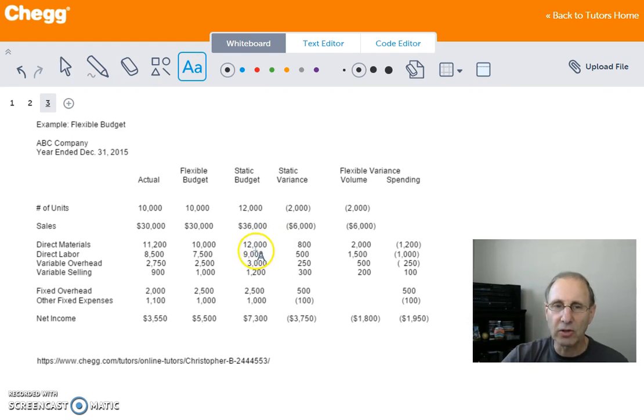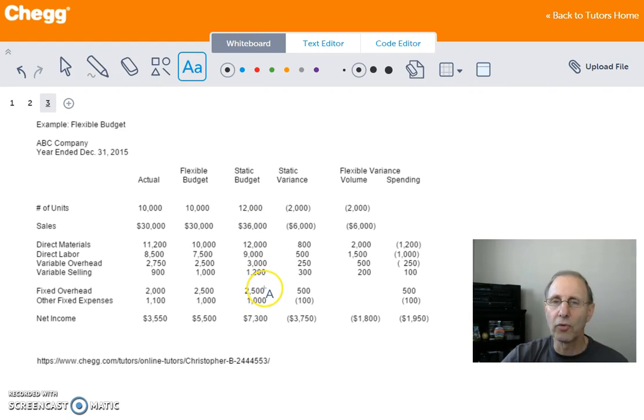And we do the same calculation for the other variable expenses. Labor, we divide 9,000 by 12,000 and get 75 cents per unit. Variable overhead, $3,000 divided by the 12,000 units, gives us 25 cents per unit. And then finally, variable selling of $1,200 divided by the 12,000 units gives us 10 cents per unit.